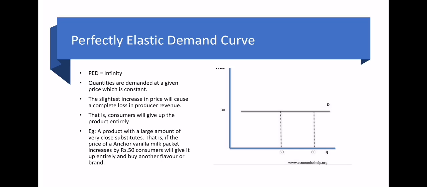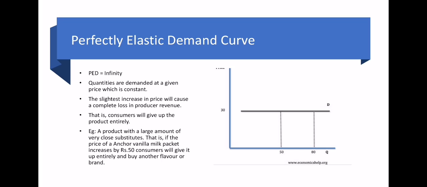Now all the time, especially when we are talking about these PEDs, have an example in your head. Okay, now for this, a good example is a product with a very close substitute, something like an Anchor vanilla milk packet. So very narrow specialization, narrow definition also. I'm not just saying it's a milk packet, I'm saying it's vanilla, it's the flavor and the brand.